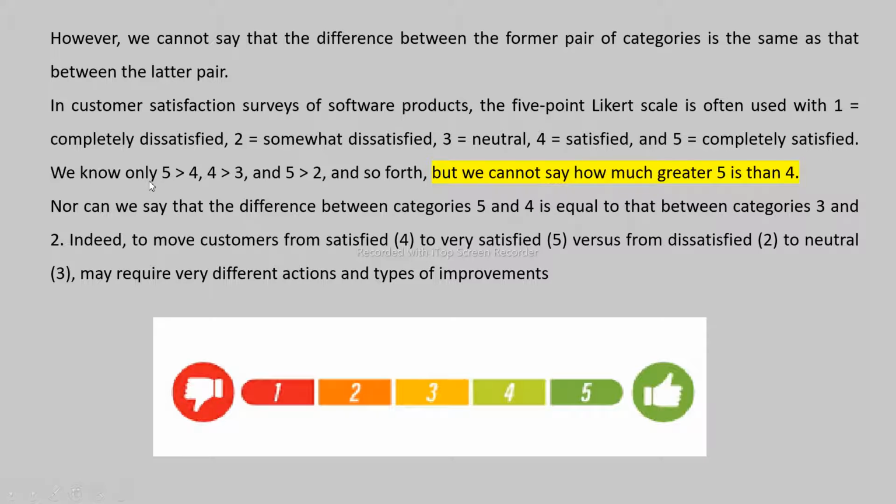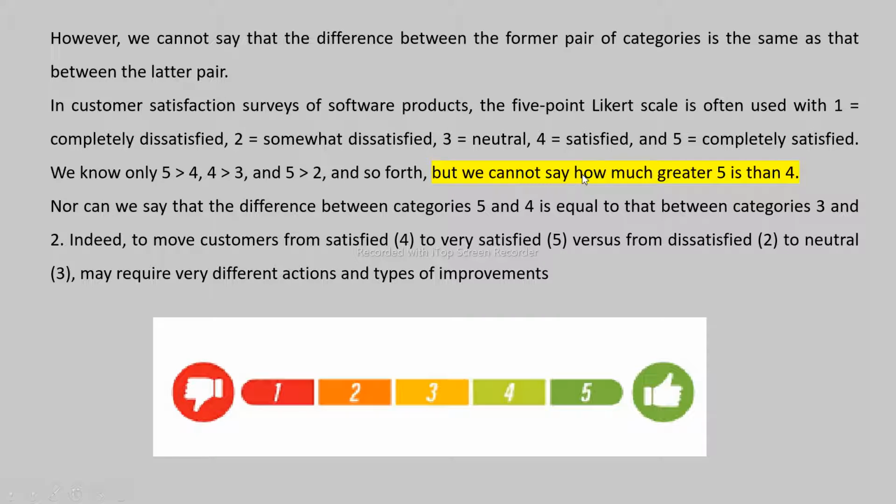We know that 5 is greater than 4, 4 is greater than 3, and 5 is greater than 2, and so forth. But we cannot say how much greater 5 is than 4. This is a very important technical point.